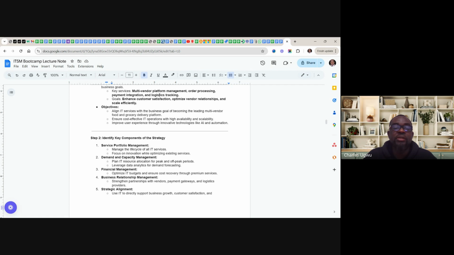Business relationship: strengthen partnership with vendors, payment gateways, and logistic providers. We must have a good relationship with all our vendors, our payment gateway like Flutterwave, because these are our payment processors.